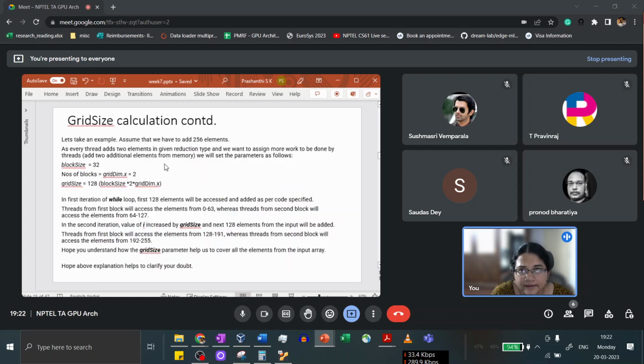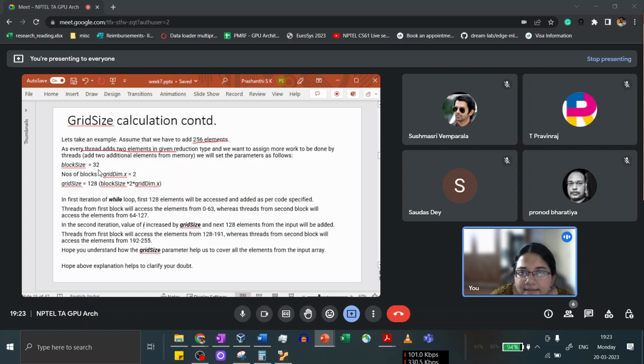Now the answer given is a bit detailed, but let's go through that step by step. So here's an example. Assume that we have to add 256 elements, and we know that every thread adds 2 elements in this reduction, right? And we want to assign more work to be done by the threads, and we set the parameters as follows.